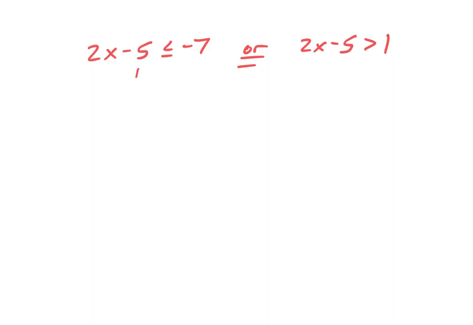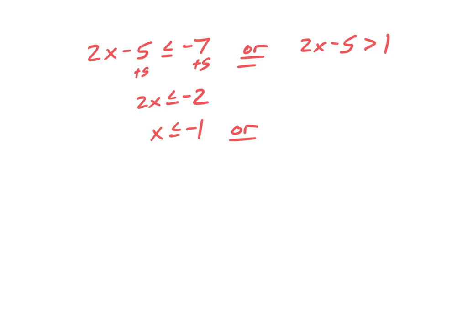We're going to add 5 to both sides. We're going to divide by 2. First one solved. Okay, I'm going to go ahead and bring the or statement down here. Second inequality, basically it's the same steps, right?